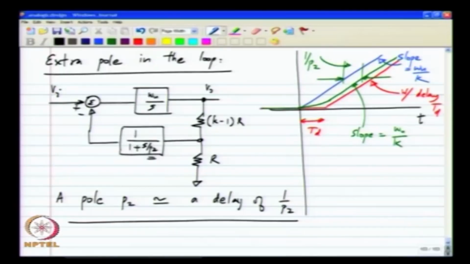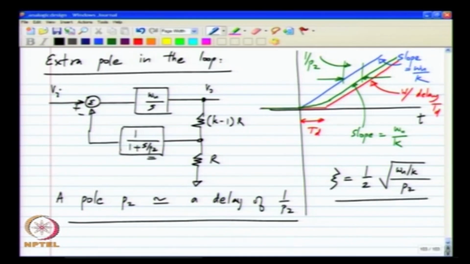And in fact, we have already analyzed this through the damping factor, and we have seen that for this particular system the damping factor will be half square root of the unity loop gain frequency divided by the parasitic pole P2. Now, for no overshoot we need to have damping factor equal to 1 or more.